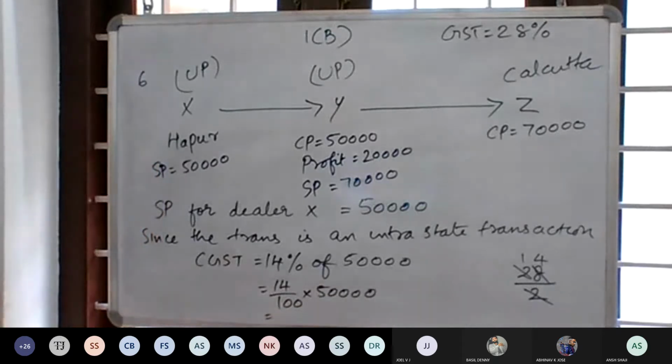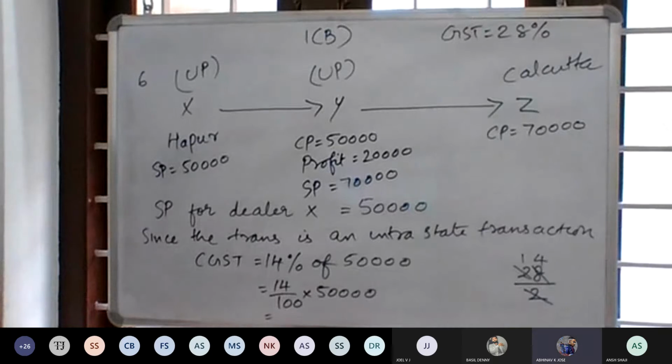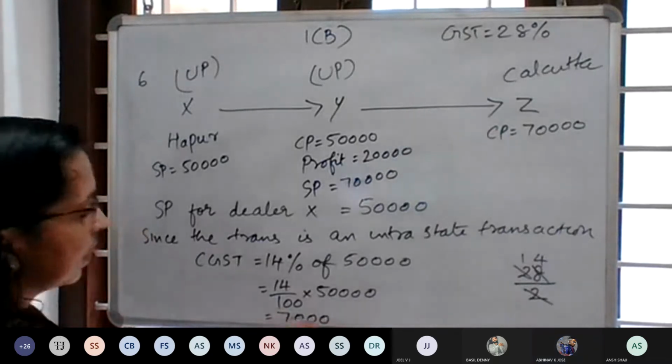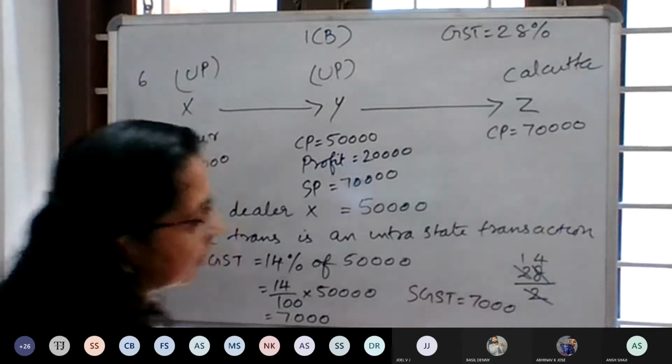So answer will be 7,000. Then what about SGST? SGST also will be 7,000.